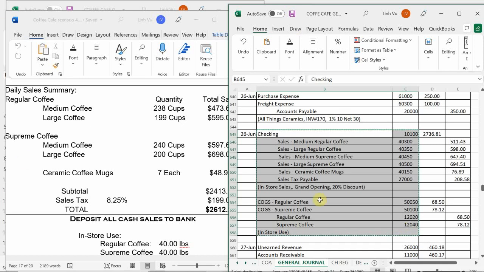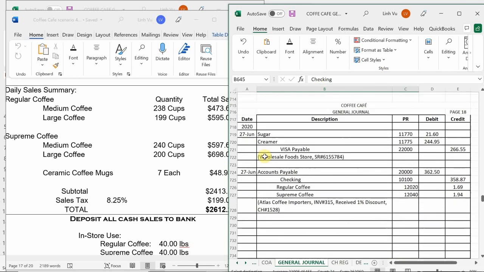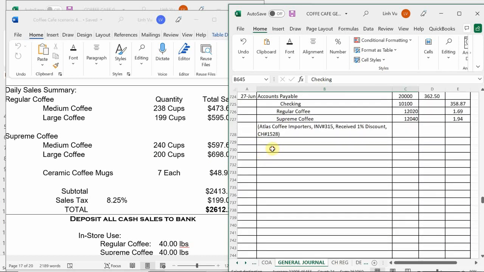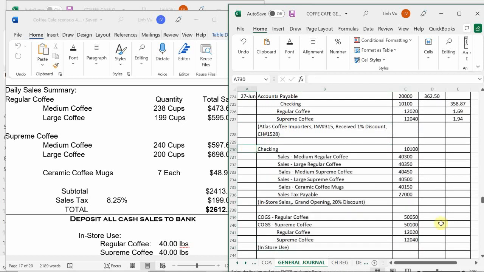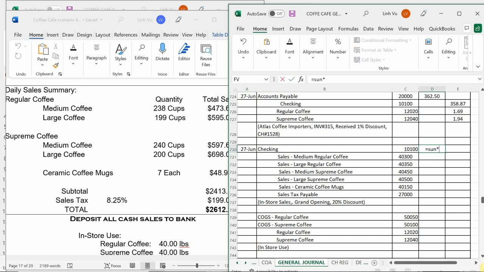I'm going to copy all of this and paste it into my journal here on page 18 for the in-store sales on the 27th of June. In this case, I'm going to plug in my formula so I can test if my debits equal my total credits here.